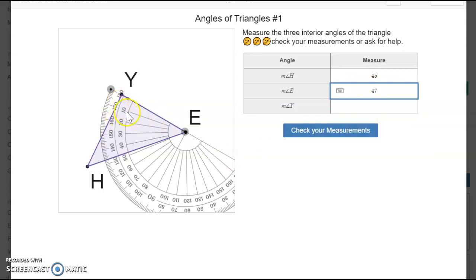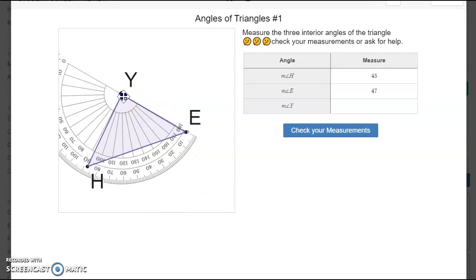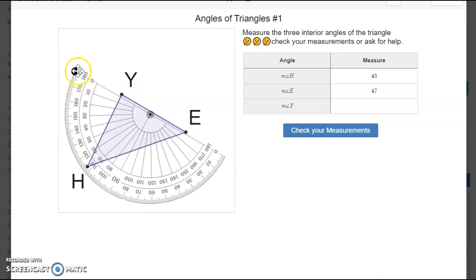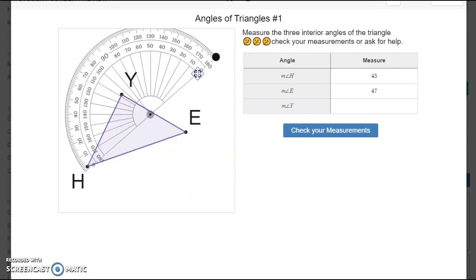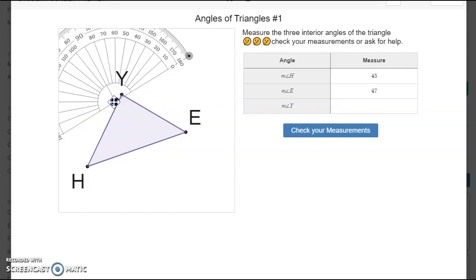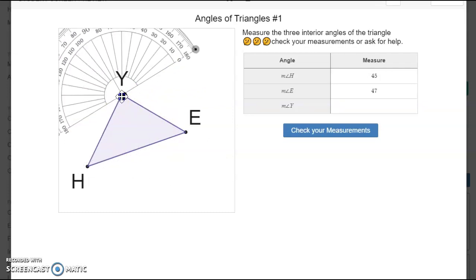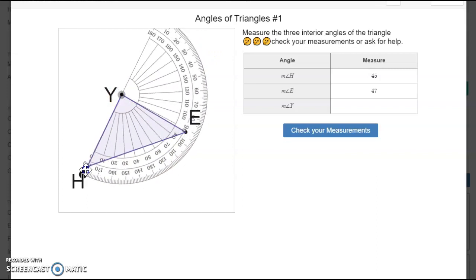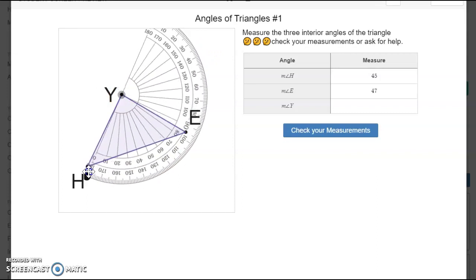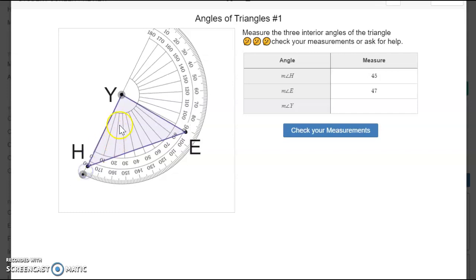And then I need to measure angle Y. So I'm looking for this angle here. I am going to move the center of the protractor to be at Y. Then line up the bottom.